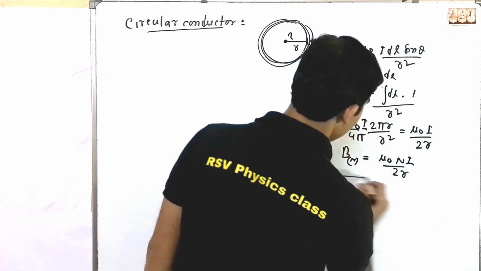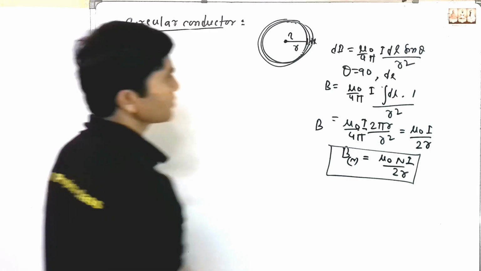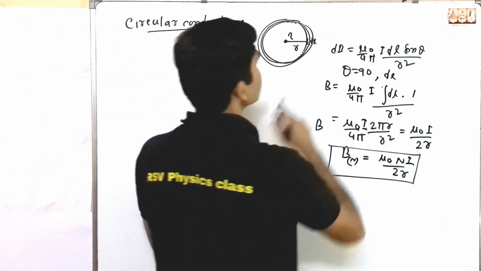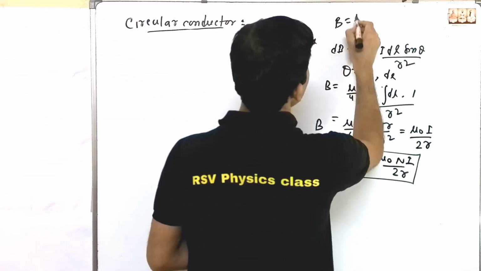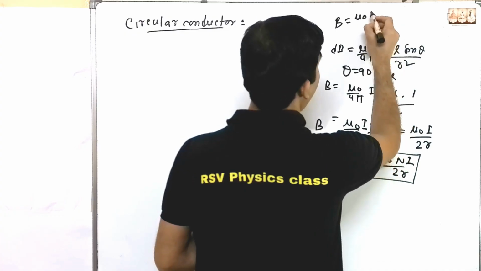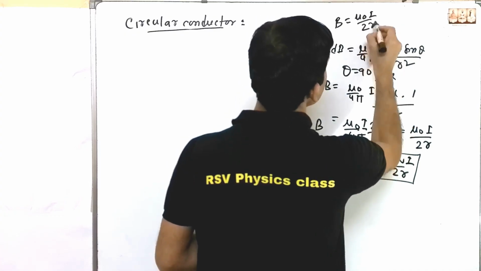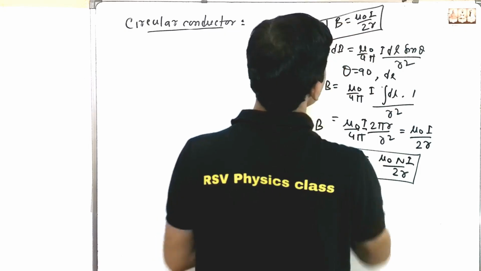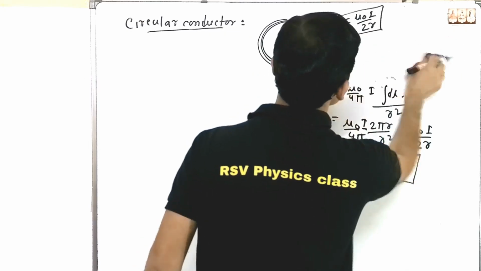So this is the magnetic field at the center. I am writing here: at the center, B equals mu 0 I over twice r, at the center of the circle.